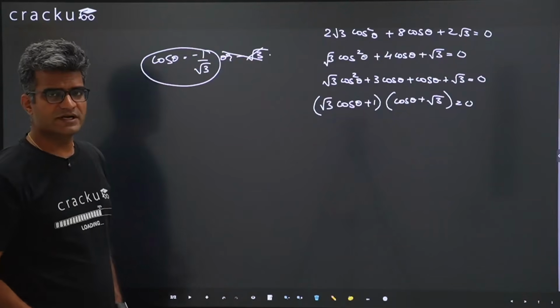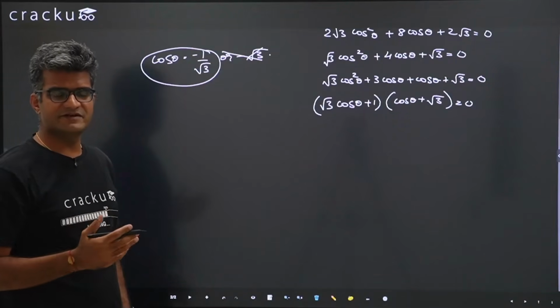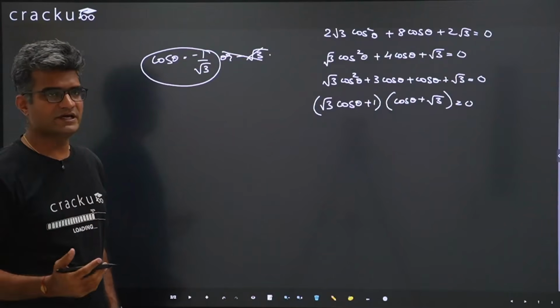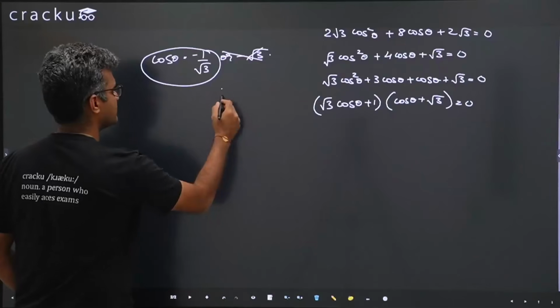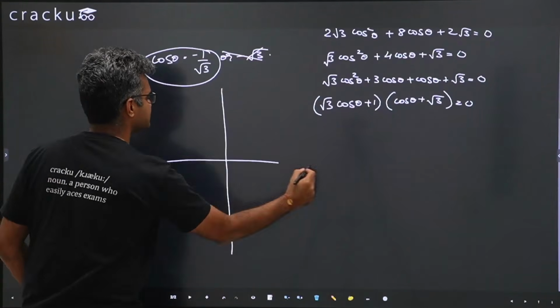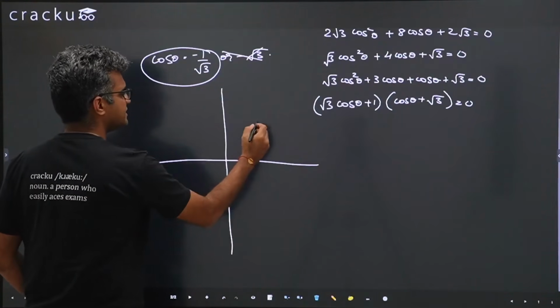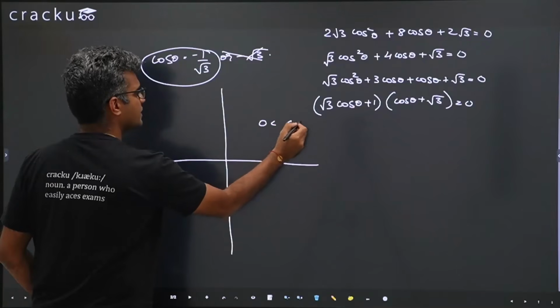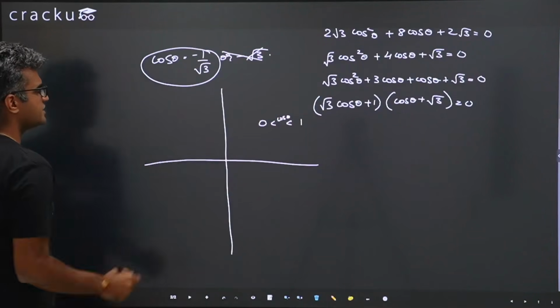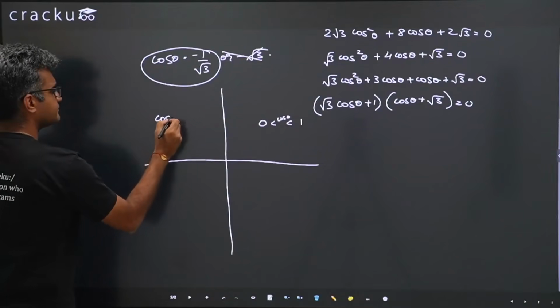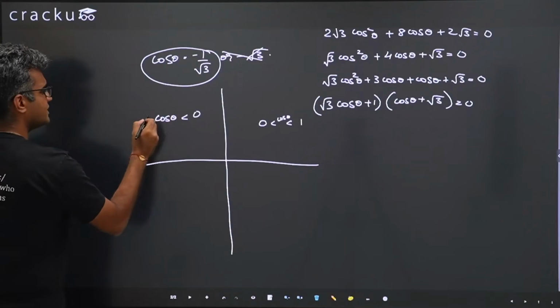If you are told that theta is an angle which lies between say 0 and 2 pi, what are the quadrants that cos theta can actually be in? So if you are drawing the y-axis and the x-axis, over here in the first quadrant cos theta lies between 0 and 1. In the second quadrant, cos theta will lie between 0 and minus 1.